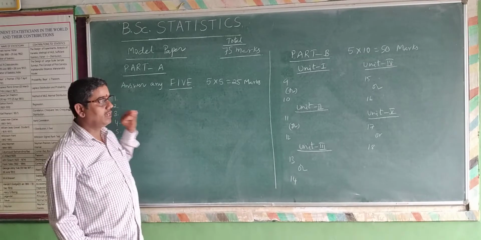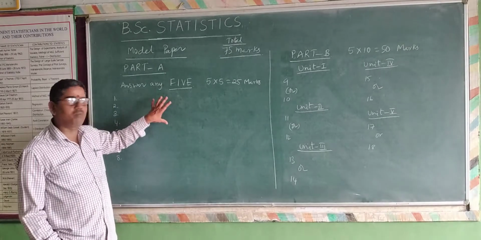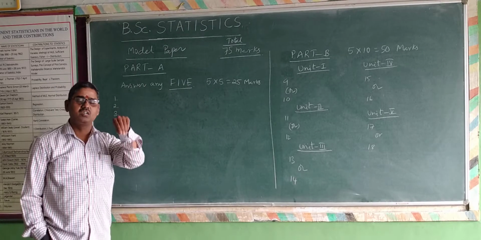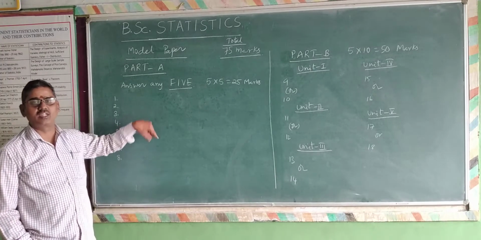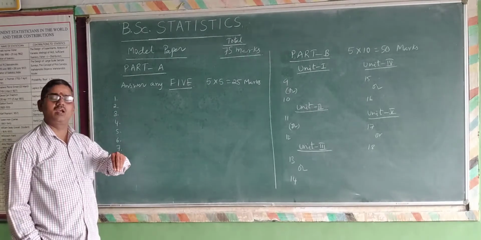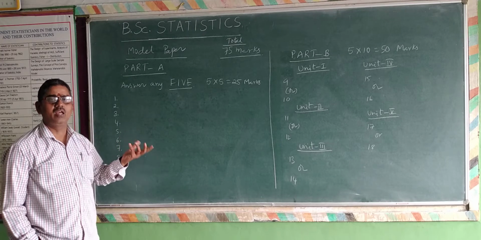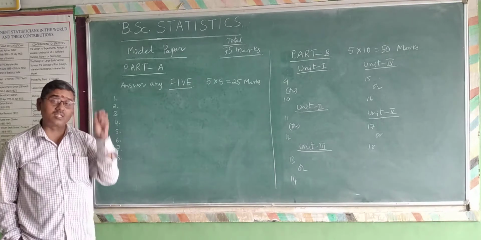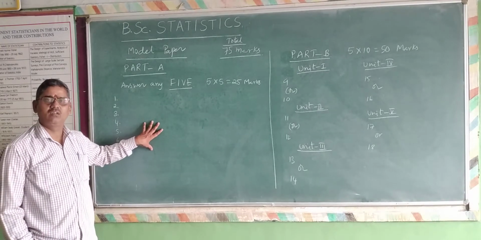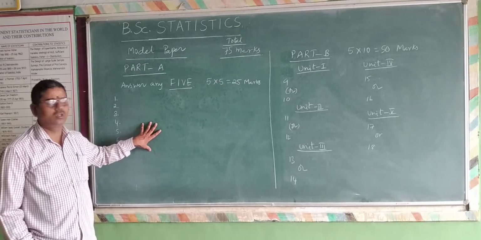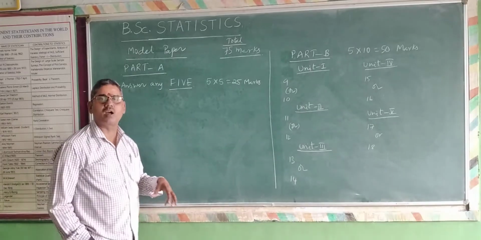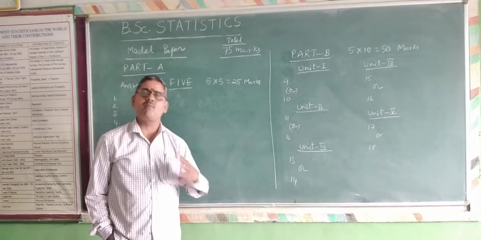My suggestion is to write this particular part first. Of course, it is part A, the very first section, so it will appear first when you see the paper and you will concentrate on it. These short questions are very important, so please concentrate on this part to get at least 20 marks, that is, to answer a minimum of 4 questions.